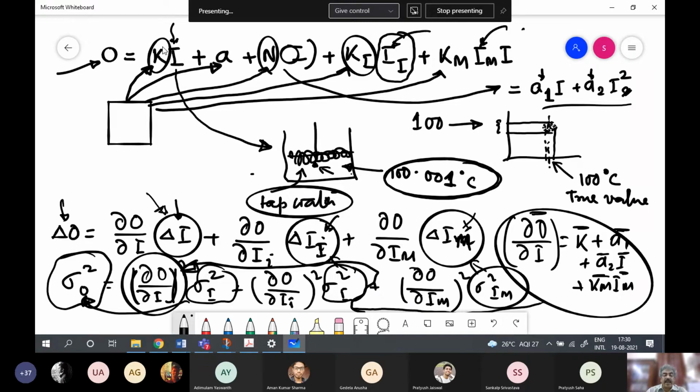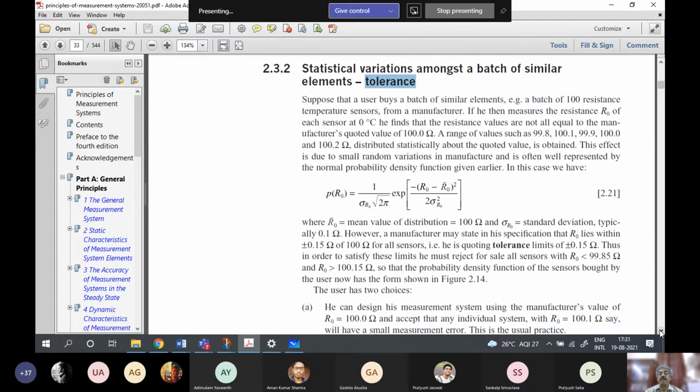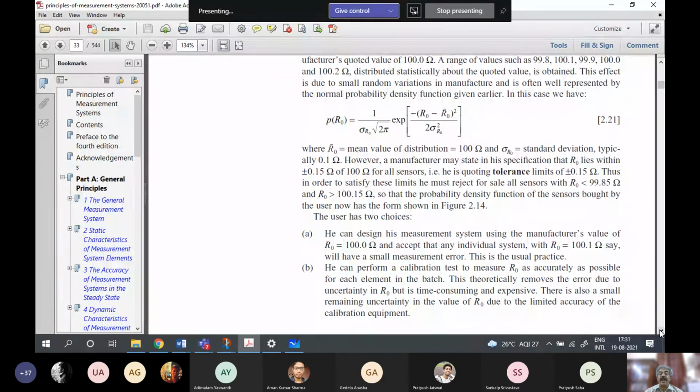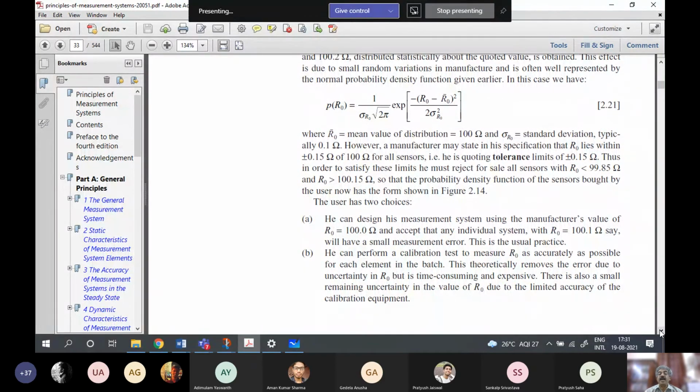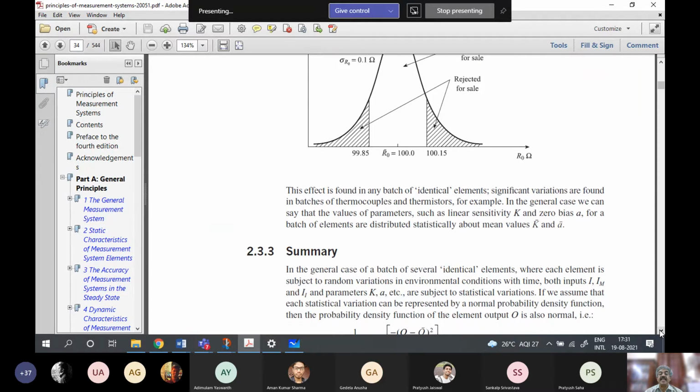So if you are talking about that situation where you only know the nominal value of a batch, then you have this problem of tolerance. Now an individual element of that batch has a tolerance of values, and if you want to find out what could be the variation in the output, then you will have to consider those.